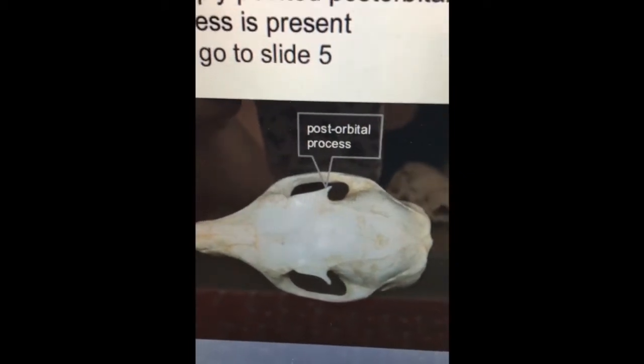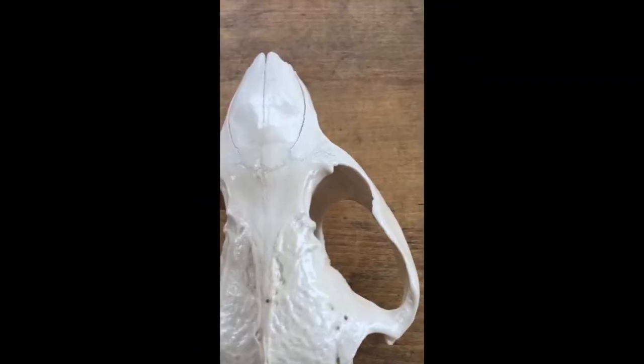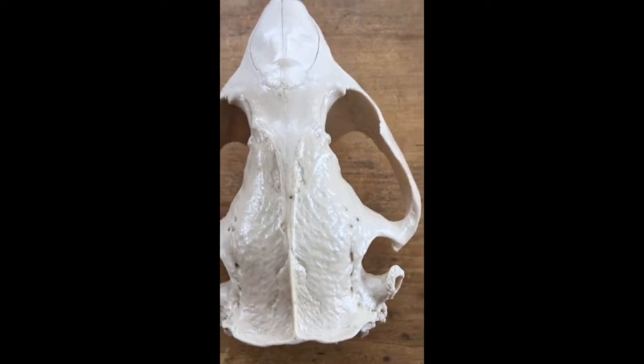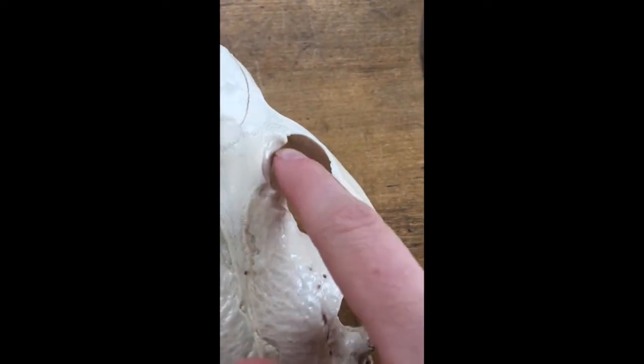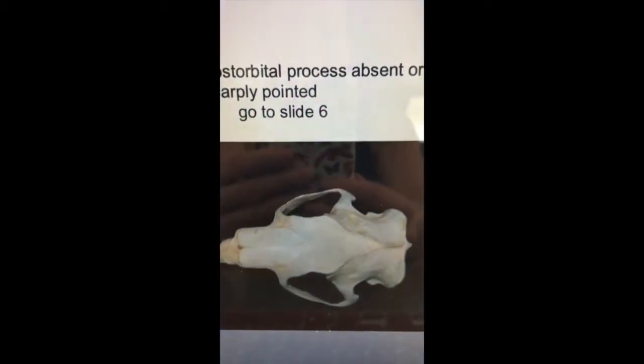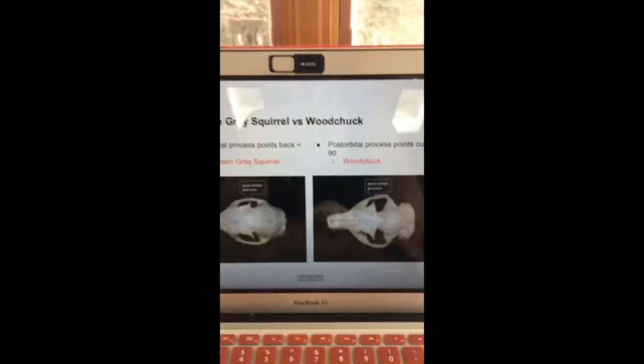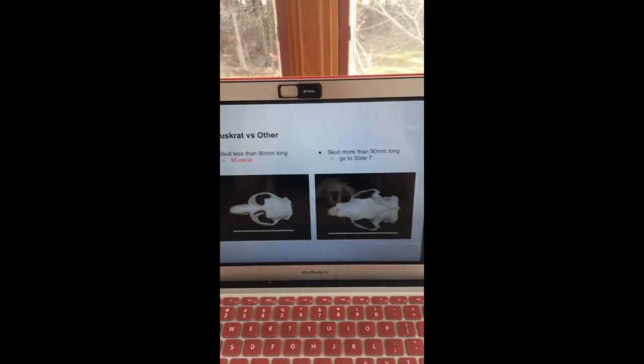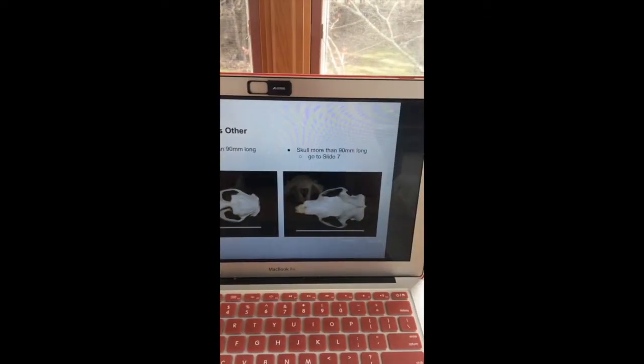Orbital means eye, or is that missing? Looking at our skull from the top, there is no sharply pointed postorbital process, so we will be going to slide 6. Our option is either a muskrat or something else.